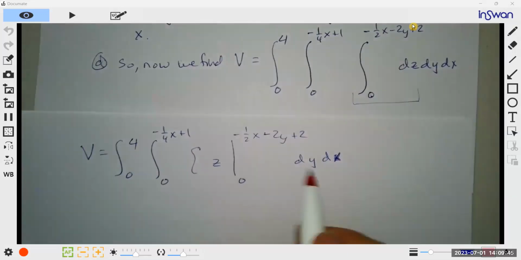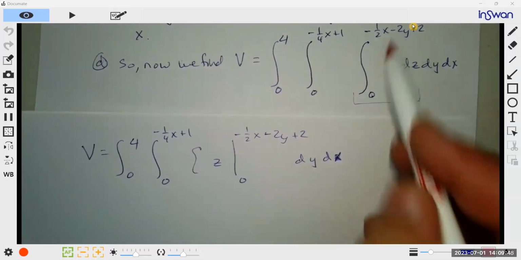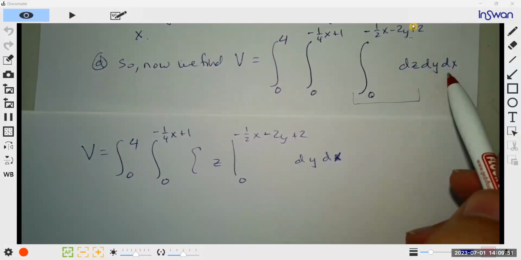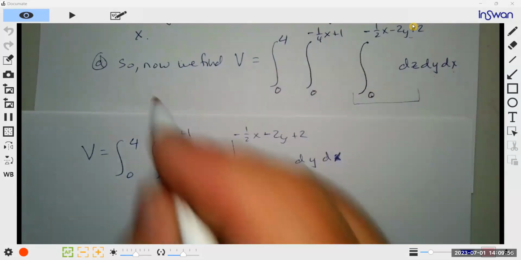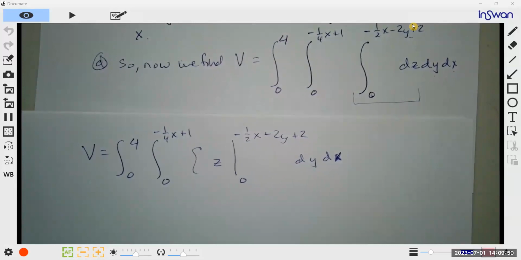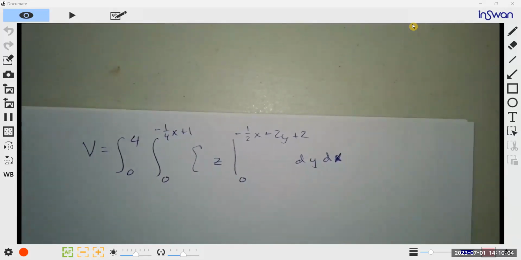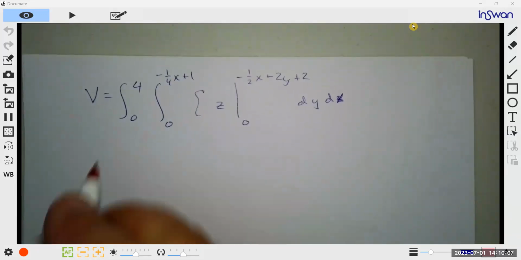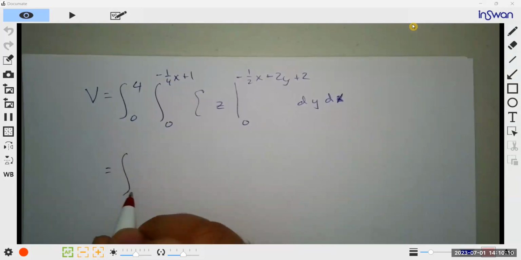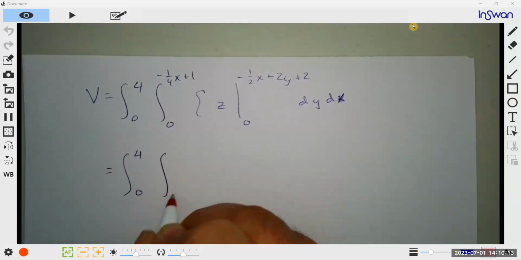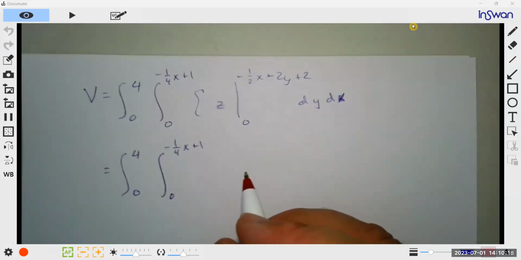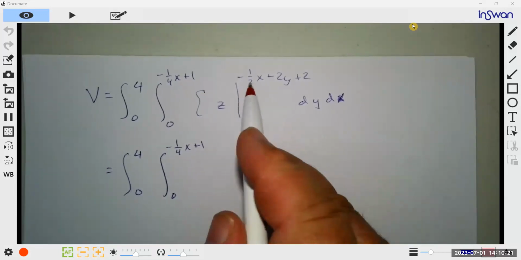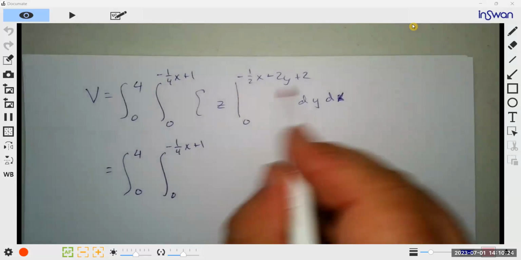Remember, since we're integrating with dz first, our bounds can only have x and y components. The next one is y, so the only variable it can have is x. Each step down, one variable disappears. Okay, so I don't need that anymore. 0 to 4. Now this one is just going to be that. Since it's 0, we just have to put that down.